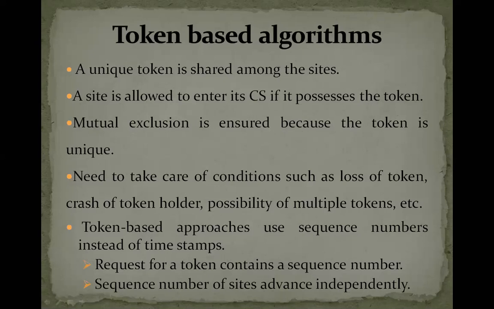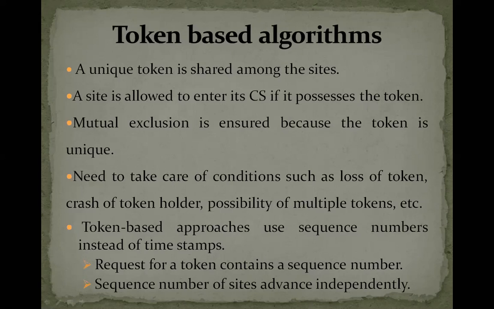A site increments its sequence number, which is a type of counter, every time it makes a request for a token. The primary function of the sequence number is to distinguish between the old request and the current request.